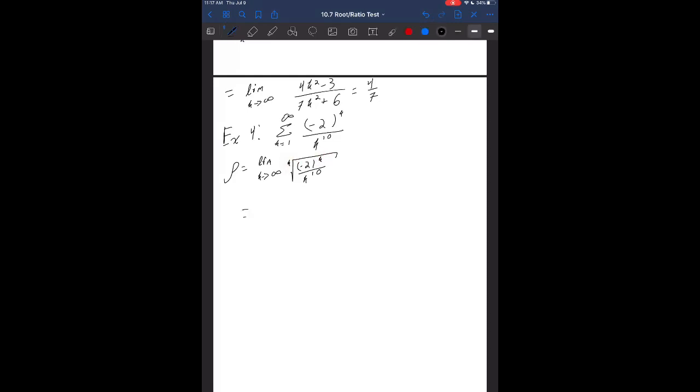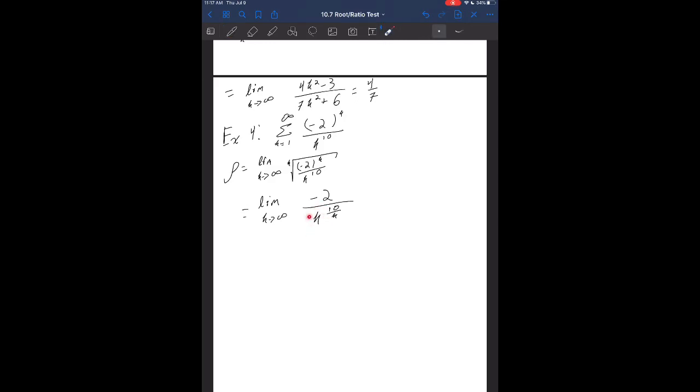Okay, well, taking kth roots, that's going to get rid of this k power right here, and so we're left with the limit as k goes to infinity of -2 over k to the 10 over k. Okay, so this right now is not something that we necessarily know how to take the limit of, right?